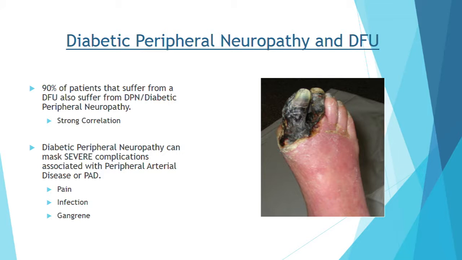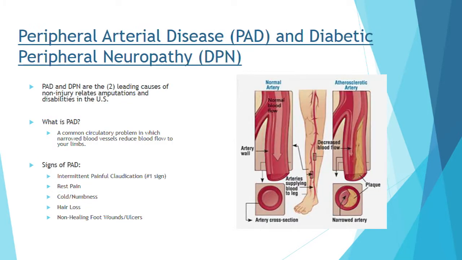So what is PAD? So peripheral arterial disease and diabetic neuropathy. PAD and DPN are the 2 leading causes of non-injury related amputation disabilities in the United States. So what is PAD? It's a common circulatory problem in which narrow blood vessels reduce blood flow to your limbs and feet. Signs of peripheral arterial disease: intermittent painful claudication. Claudication is Latin for limp.